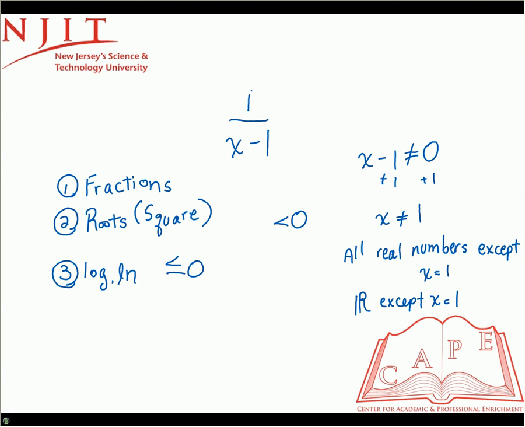Or if you want to write it in what's called interval notation, you can write it this way. Because the number can be any number from negative infinity to infinity besides 1, you can write negative infinity to 1, union 1 to infinity. Let me rewrite that over here so you can see it better.